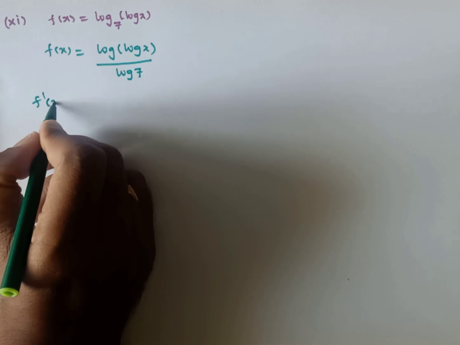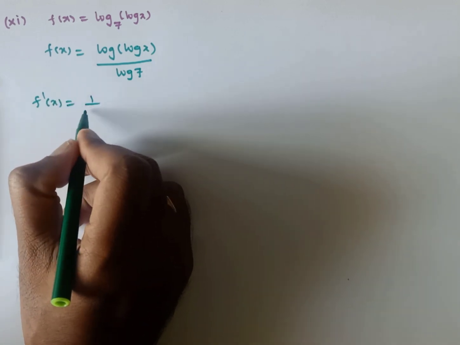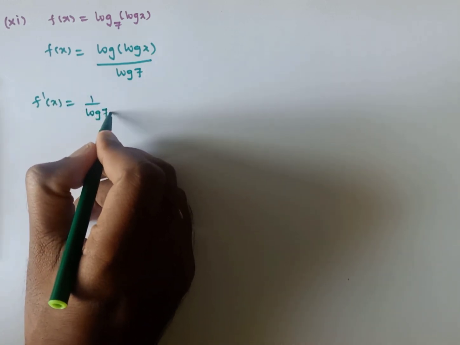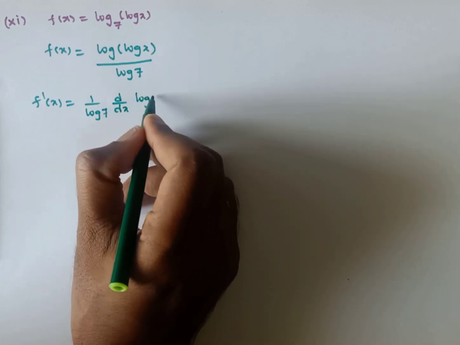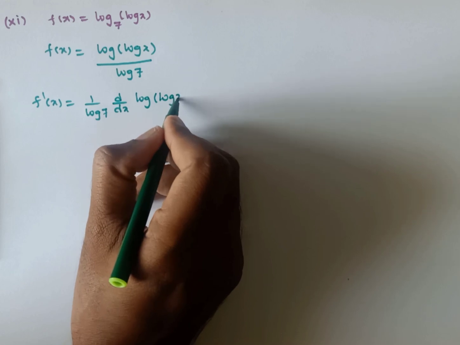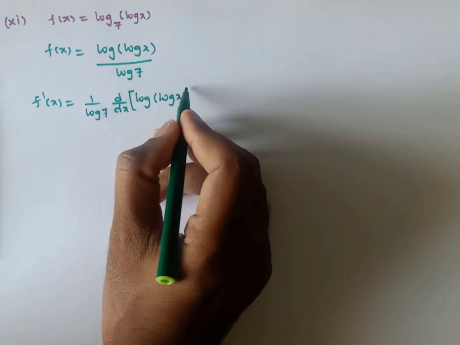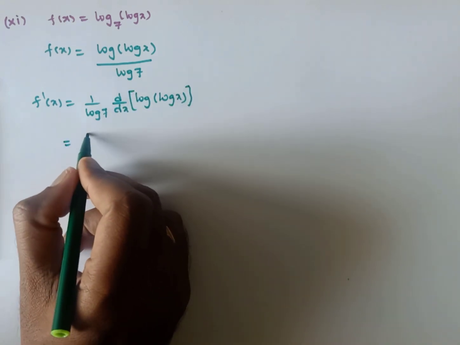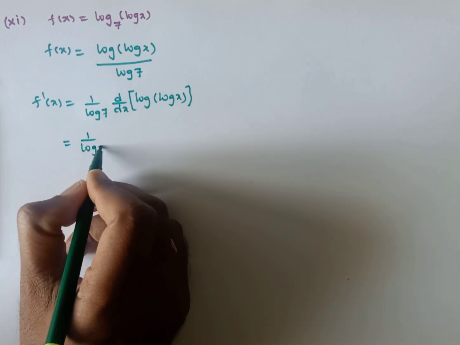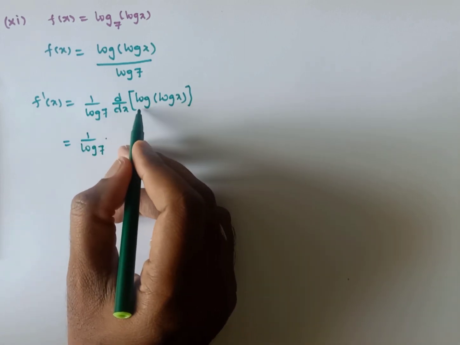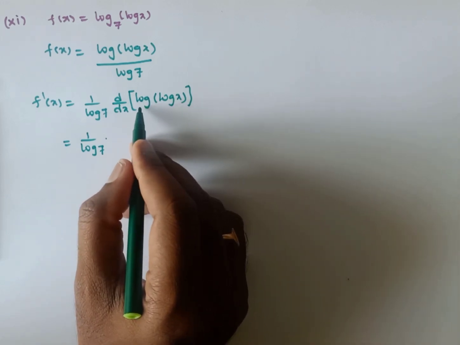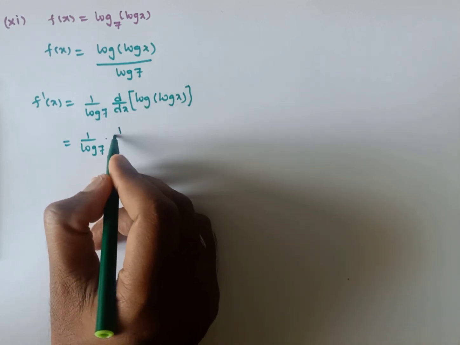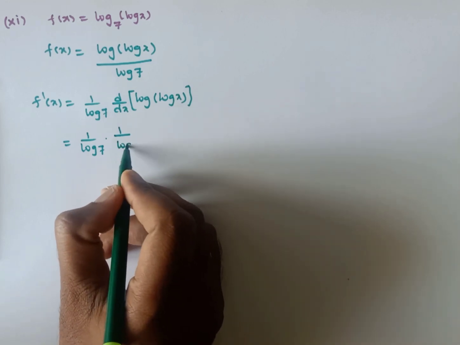Now f prime of x equals 1 by log 7, which is a constant, into d by dx of log of log x. Now log of log x is there. So this is 1 by log 7 into the derivative of something in the form of log of u. Let's say log of u. So this is 1 by u, which means 1 by log x.